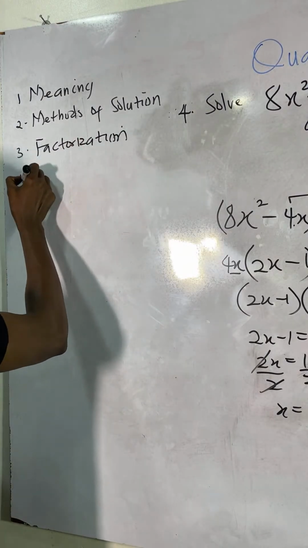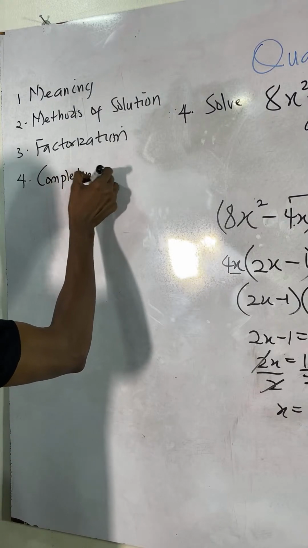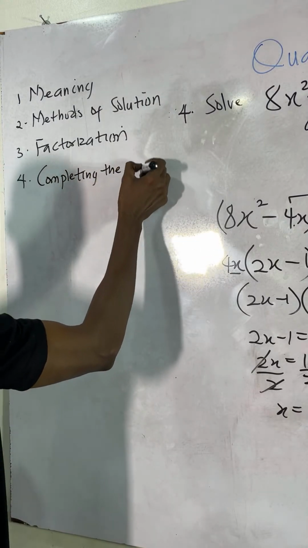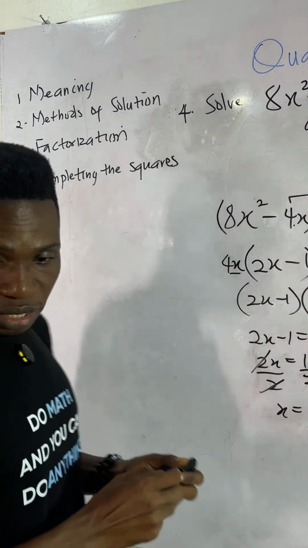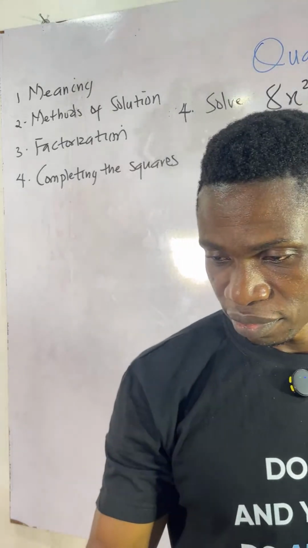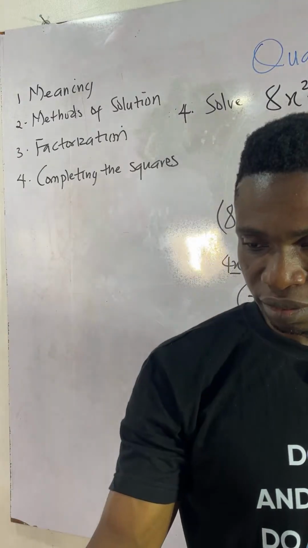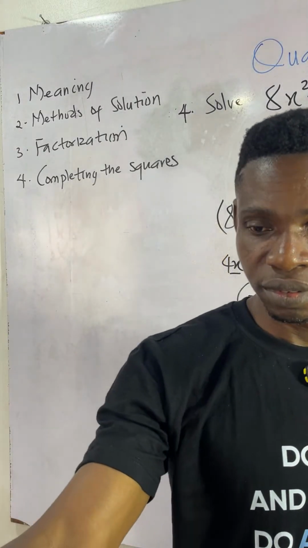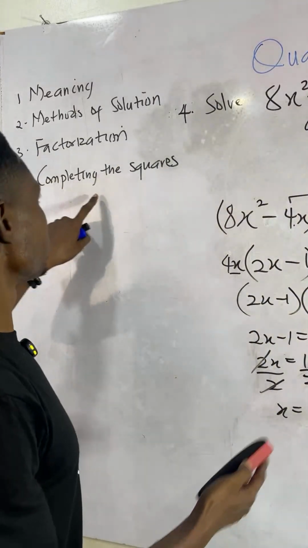So now let's go into completing the squares. Completing the squares. So, completing the square method.